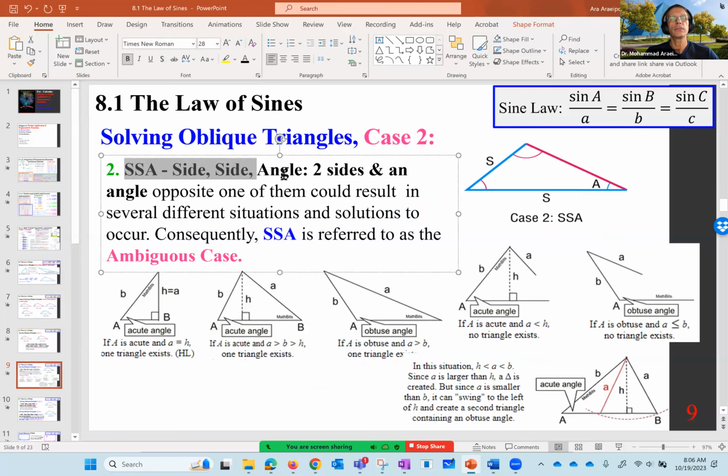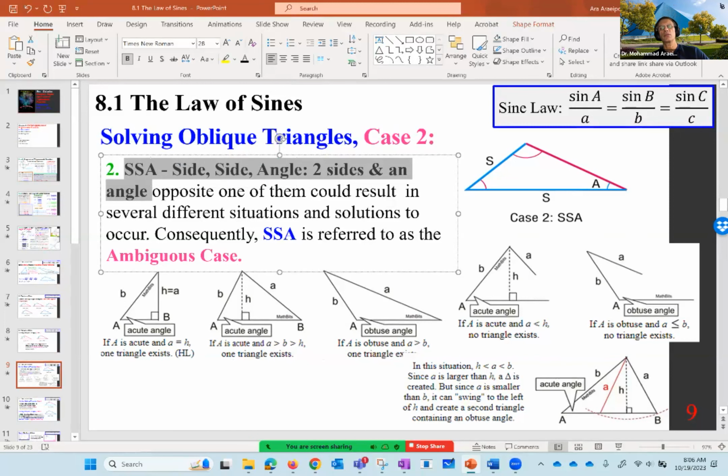Side angle, side, that means two sides and an angle. It ends up with a case that we may have one solution, two solutions, or none, known as ambiguous case.